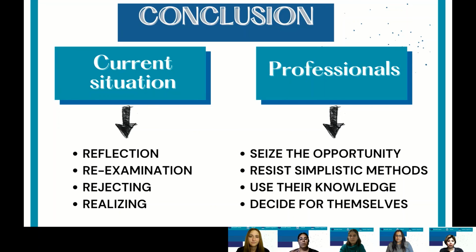That's why professionals are beginning to seize the opportunity to escape the confines of a particular tradition, to resist simplistic methods of teacher training, to reflect critically on what research means, and to use their knowledge of theory and the results of inquiry to decide for themselves what makes sense for their students, for their objectives and teaching styles, and for their instructional contexts.